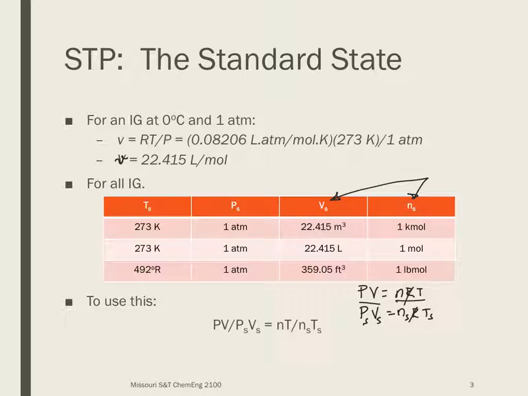Now, of course, we can rearrange this in all sorts of ways, and one that's very convenient is that we frequently use specific volume and then we eliminate the variable n. So this is another convenient way of using this relationship.